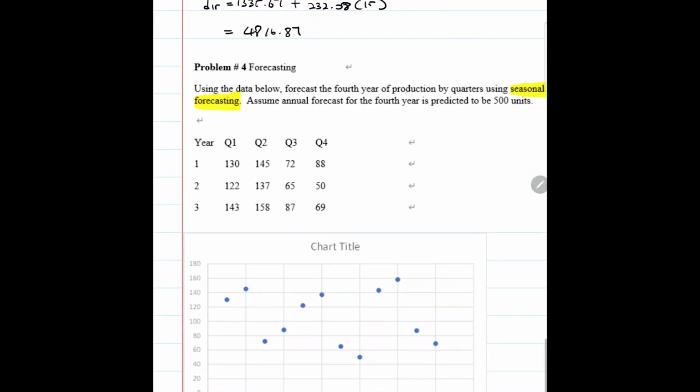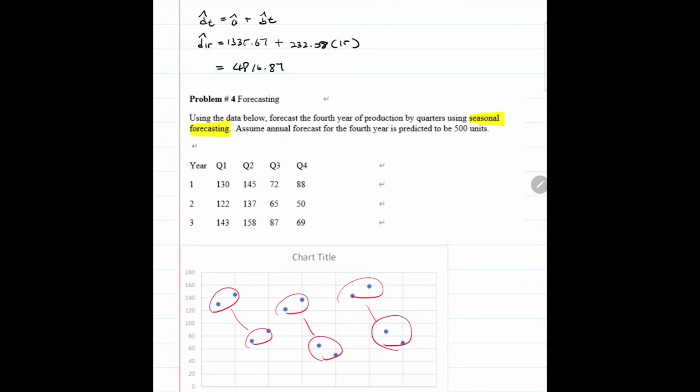So we're gonna use seasonal forecasting when there's some kind of pattern. We can see that there's high and low, high and low, and high and low. So these are pairs. As you can see here, we're gonna divide into 4 quarters.